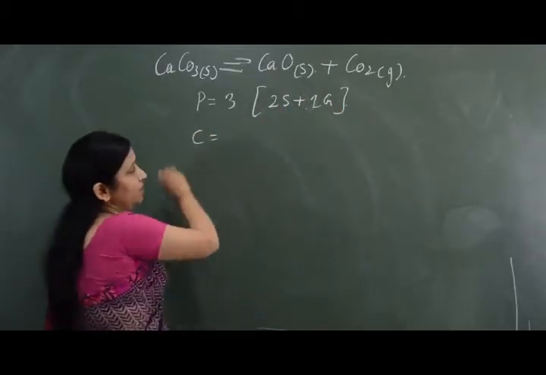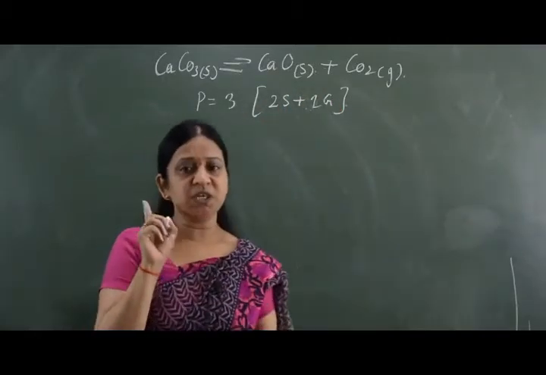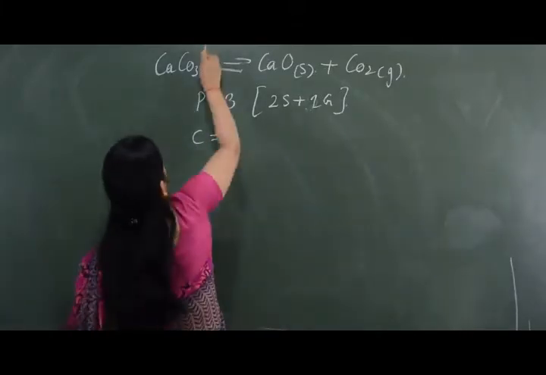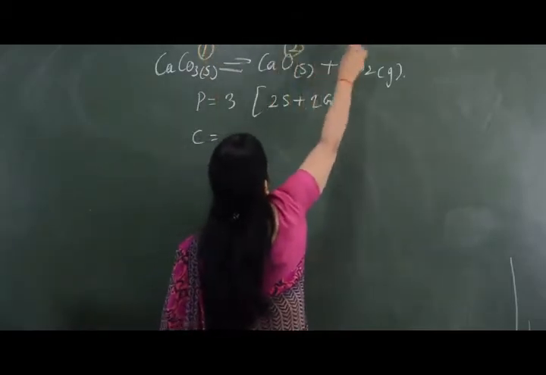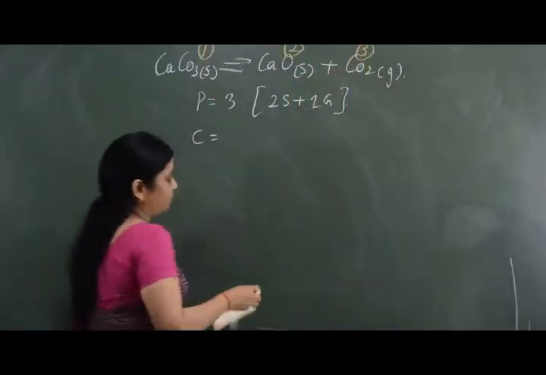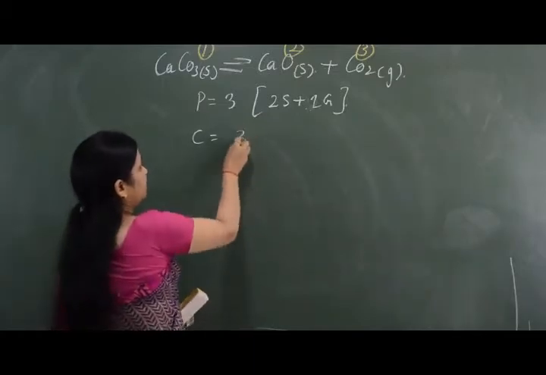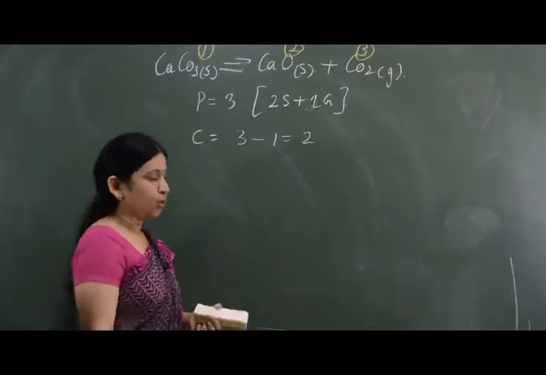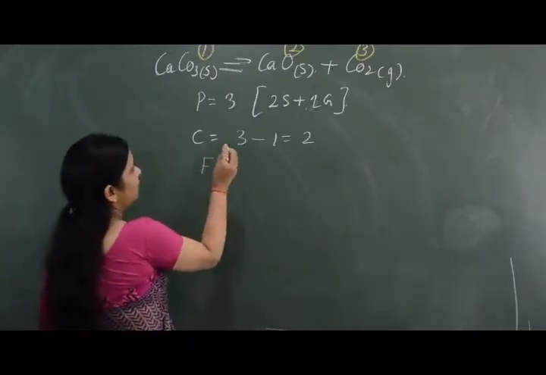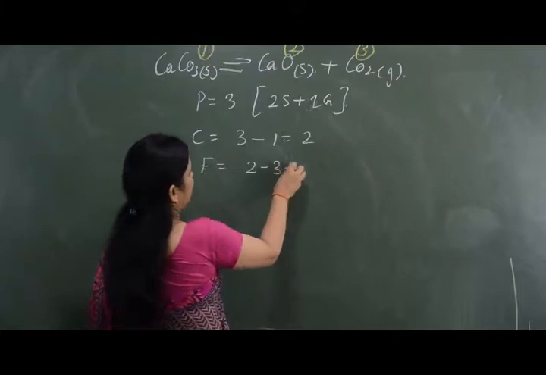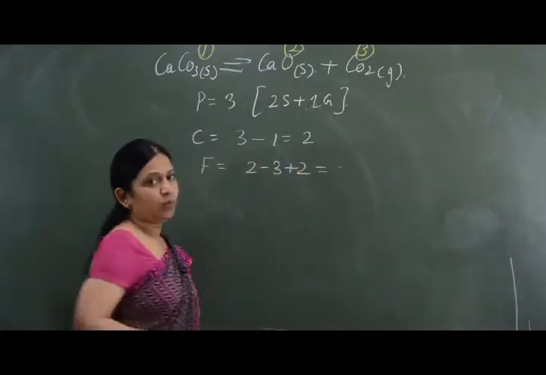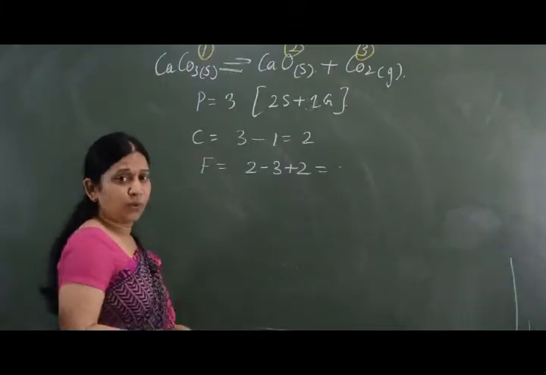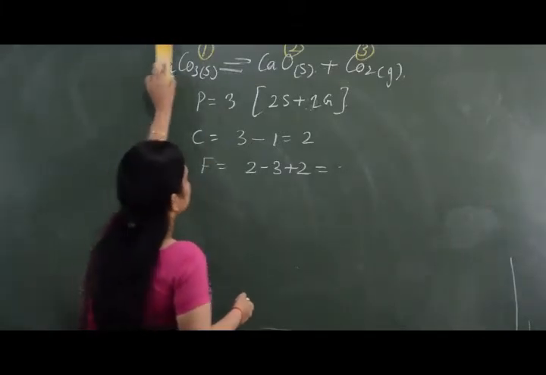Then component is given by the equation which is substance minus relationship. So how many substances are there? 1, then 2, then 3. So we have 3 substances and they are related by 1 equation. So the number of components is 2. So degree of freedom will be given by 2 minus 3 plus 2. So accordingly we will get the degree of freedom. This is how we are going to calculate for different systems.